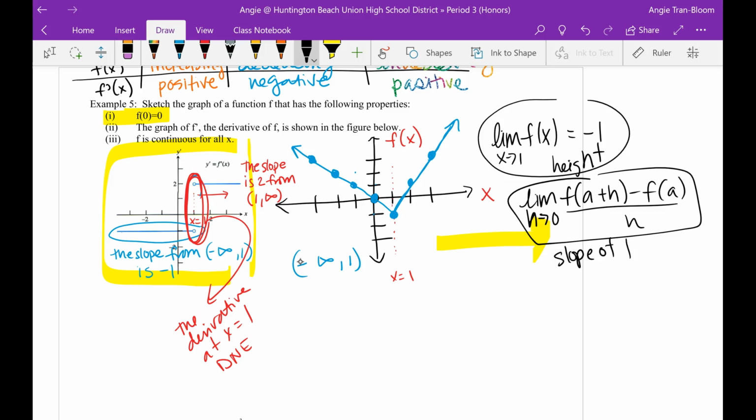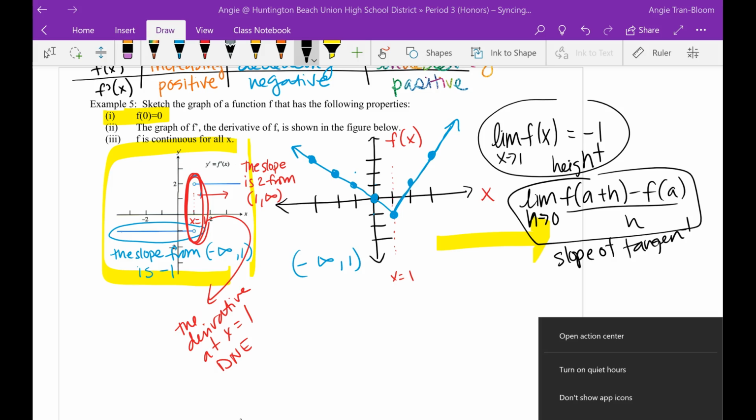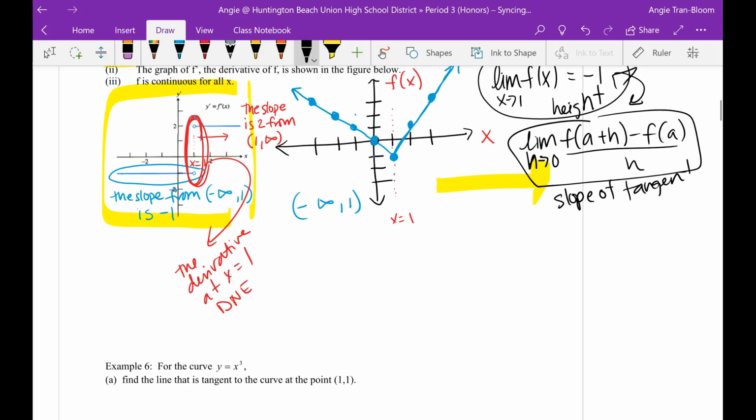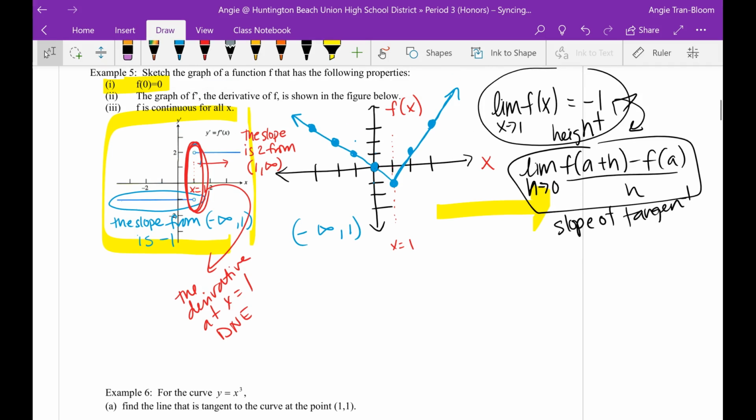So for this derivative to exist, the slope from the right and left has to exist. Hopefully this helps you differentiate the two different kinds of limits here. All right, I'm just going to take a break right here on this one.